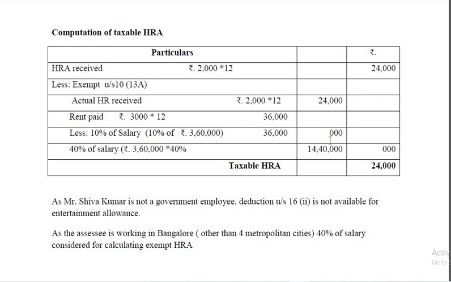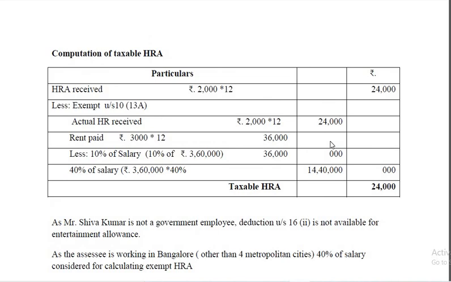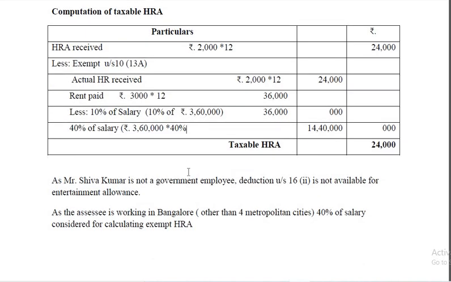So no excess amount: rent paid in excess of 10% of salary is 0. Then 40% of salary. The employee is working in Bangalore and therefore it is only 40%, not 50%. If it were one of the metropolitan cities, that would have been 50% rather than 40%.